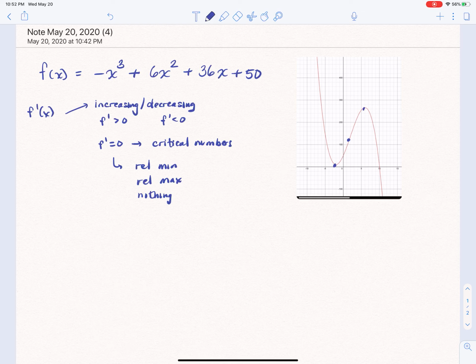Now, another thing that was very helpful was the second derivative, and that answered more questions about concavity. If the second derivative was negative, that meant it was concave down.